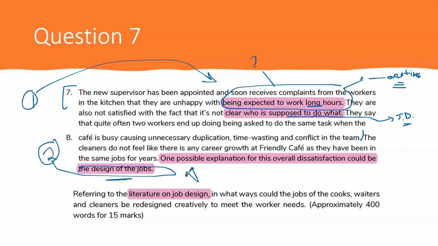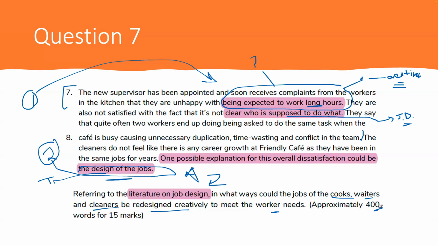So you comment on the case study after you've explained the theory of job design. And then you link that back into, okay, so if this is what job design is, how do we design it better for cooks, for waiters and cleaners, to be redesigned creatively to meet the workers' needs?